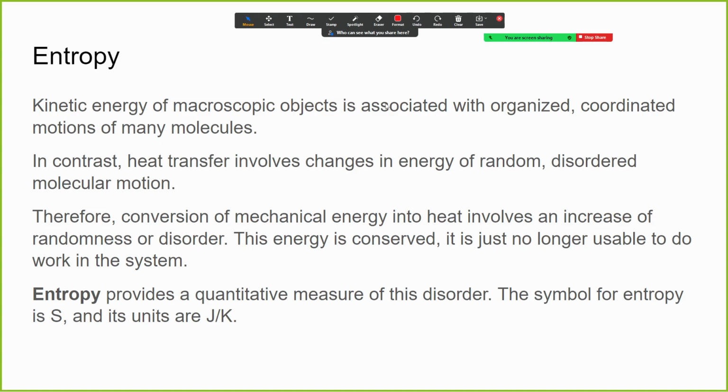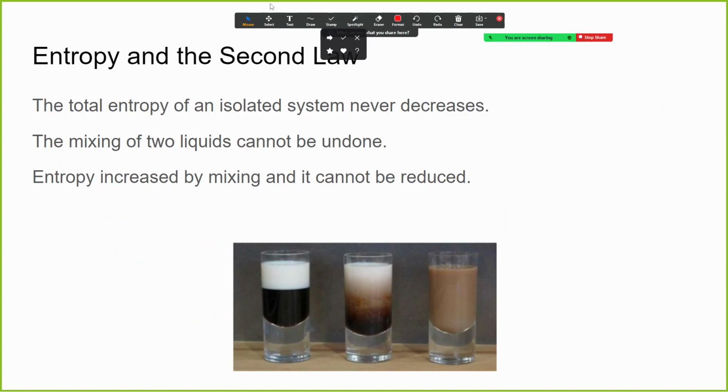That energy is conserved, it just means it's no longer usable to actually do work on the system. So entropy is what provides a quantitative measure of that disorder, and the symbol for entropy is S, and its units are J/K. I don't remember why it's S. There's a reason, and I'll look it up, but I do not remember.